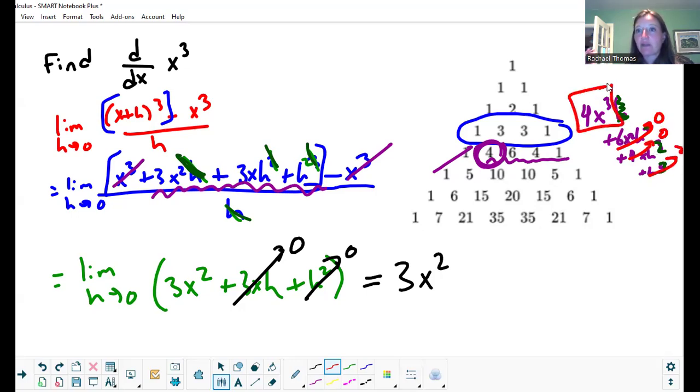The only term I'm left with would be 4x cubed, or in this case, 5x to the fourth, or 6x to the fifth, and so on and so forth. And we can see that in like the 101st line of Pascal's triangle, I'm going to have a 101x to the 100th. That's the term that's left after everything cancels, and that's why the power rule is what it is.